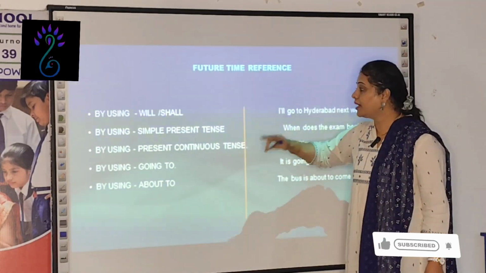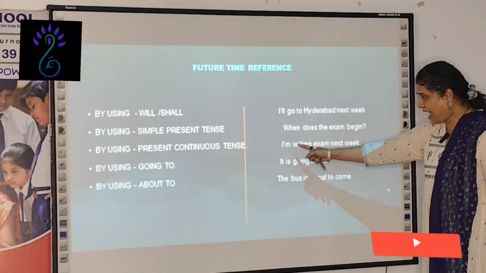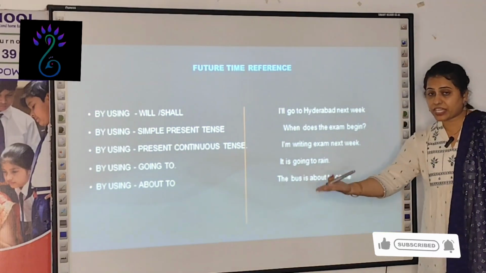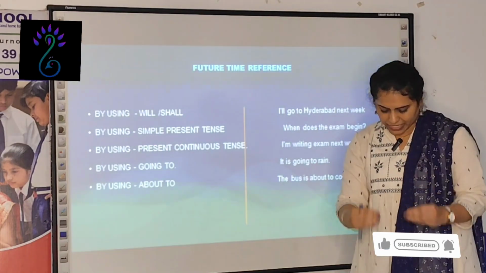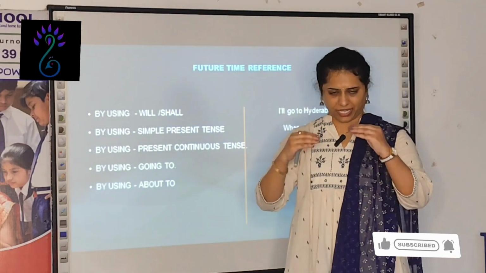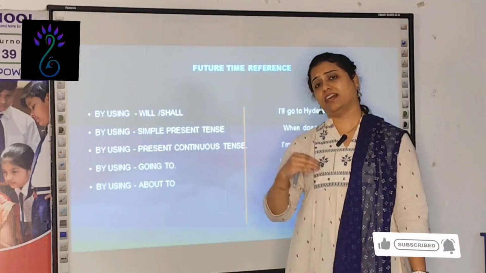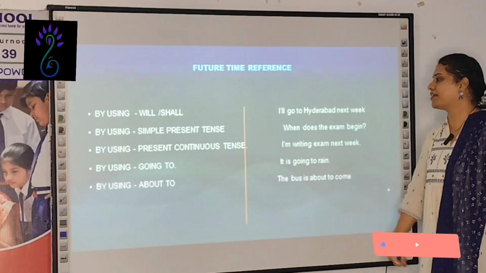Got it? Sometimes using present continuous tense: I am writing exam next week. Earlier I have discussed present continuous. It is doing that action. The action is happening while we are speaking. Sometimes it can also happen in the future. Then it is future time reference.